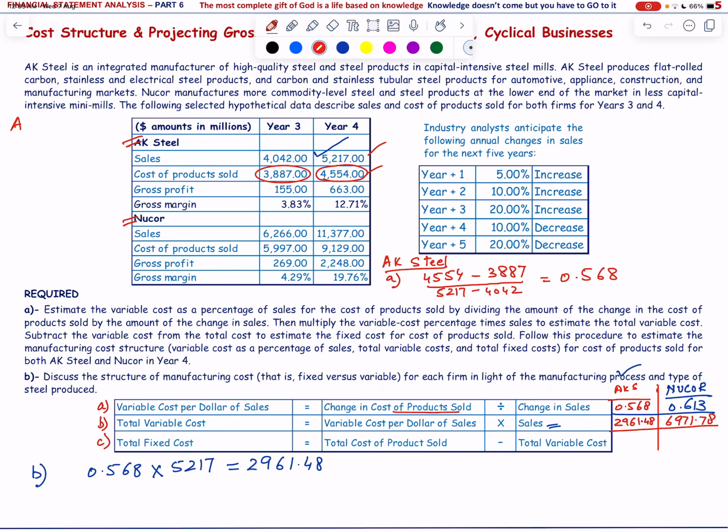Next we are going to calculate the total fixed cost.